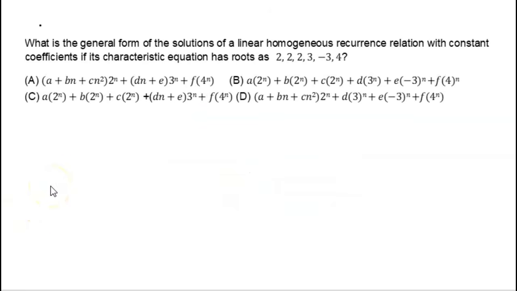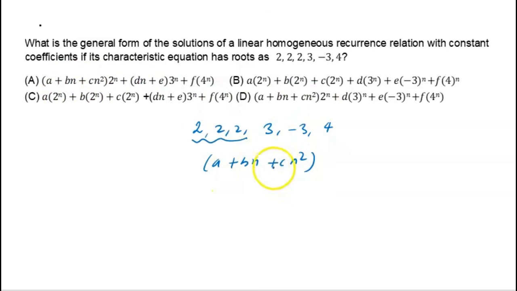What is the general form of the solution of a linear homogeneous recurrence relation with constant coefficient if its characteristic roots are, and don't get bogged down by this long statement, 2, 2, 2, 3 repeated roots, then 3, minus 3, and 4. So for the repeated root 2 I have to write (a + bn + cn^2) 2^n.